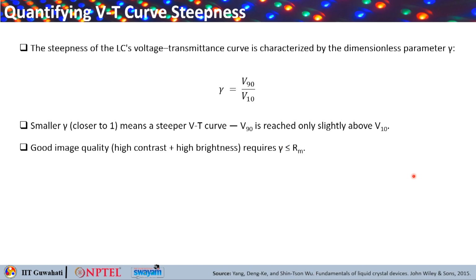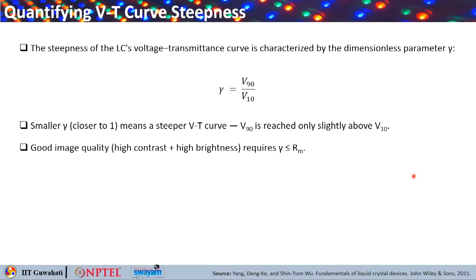So what we understood here is that if V90 is only slightly larger than V10, then gamma is very close to 1. That means your transmittance rises very quickly over a very narrow voltage range. Your transmittance jumps from 10% to 90% and your curve is very steep.